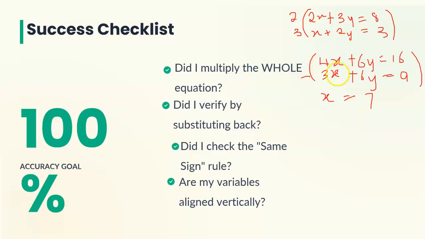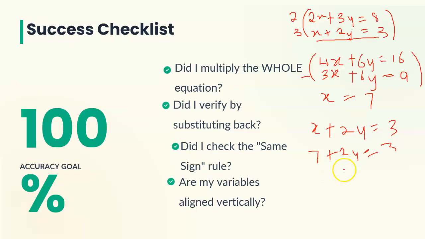So we can use any of these equations now to find the value of y. I want to use equation 2, which is x plus 2y equal to 3. So I'm going to substitute 7 for x. So I'm going to write 7 plus 2y equal to 3.